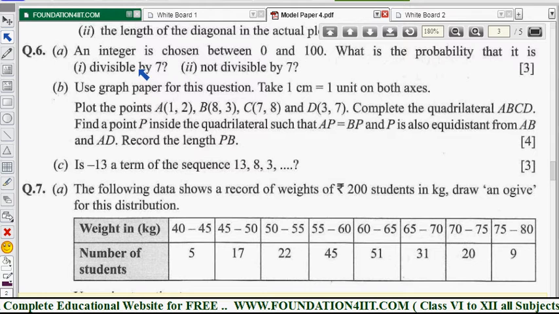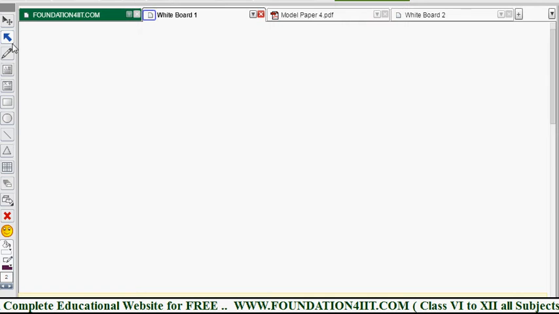So let's take the numbers divisible by 7 between 0 and 100 first. According to this question, the numbers between 0 and 100 are 99 in total.